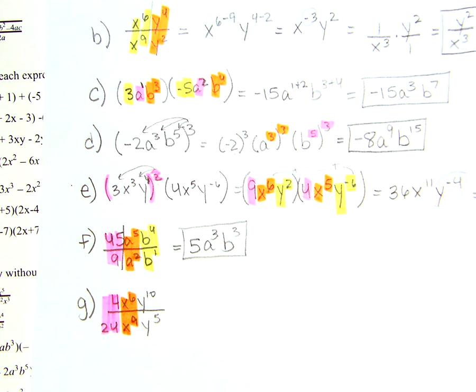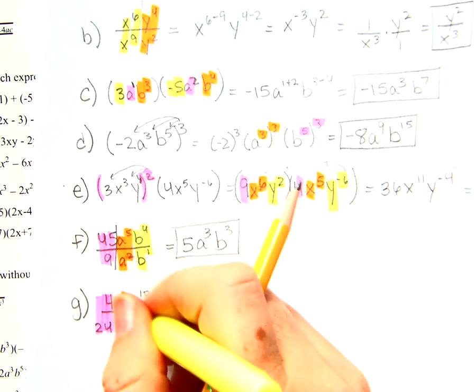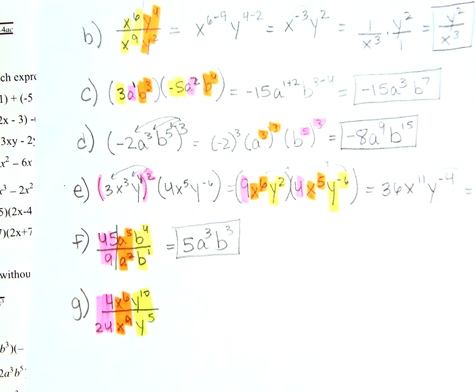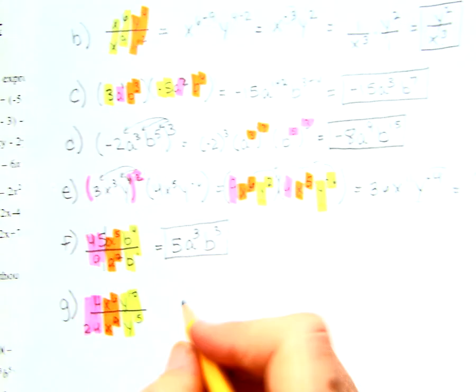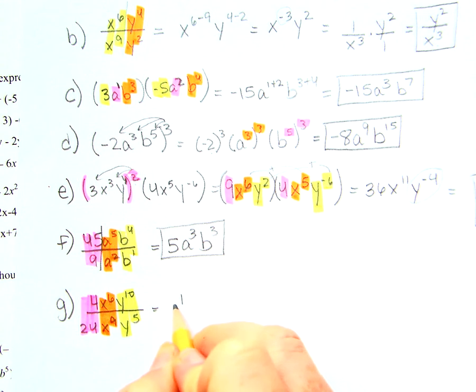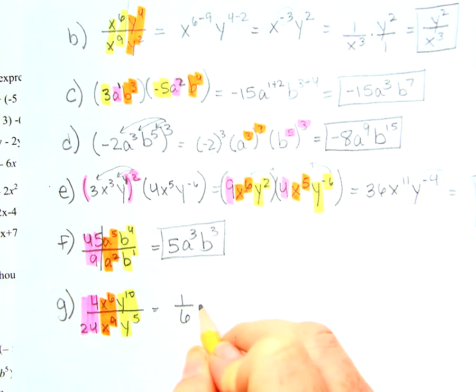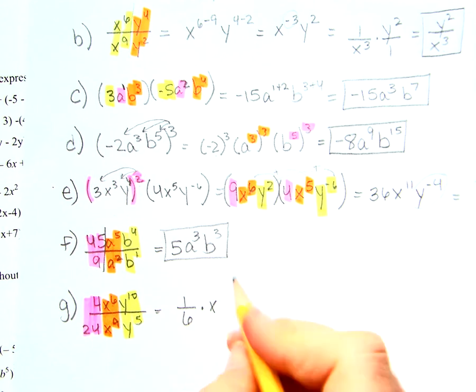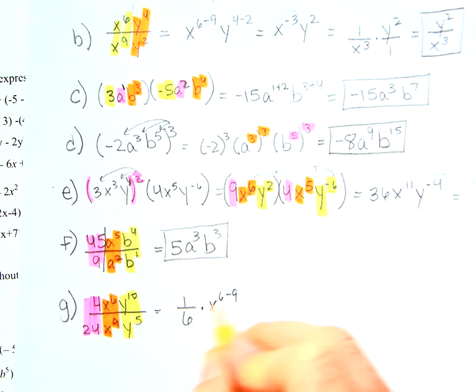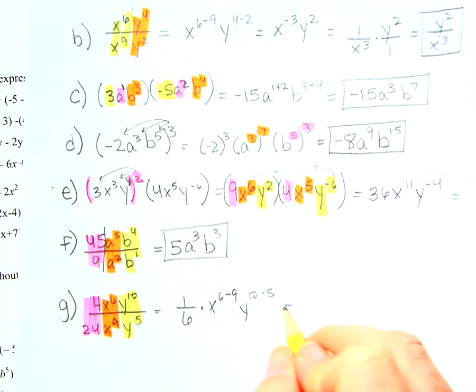And then divide y's by subtracting exponents. And we end up with 1 over 6, which is 4 over 24, times x to the 6 minus 9, y to the 10 minus 5.